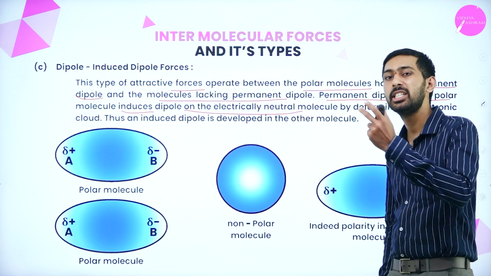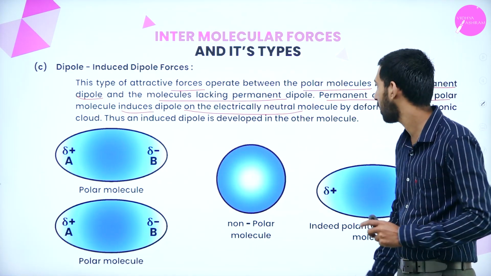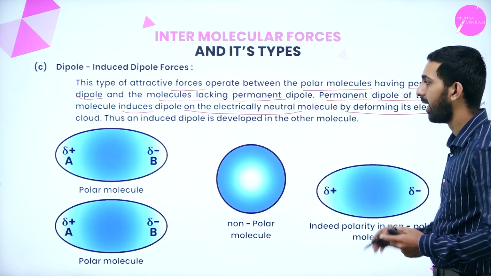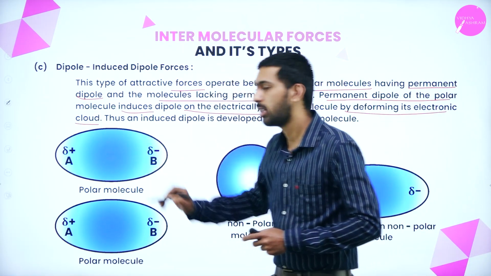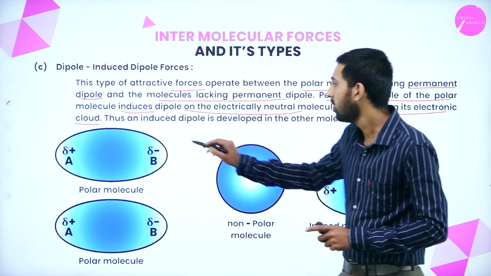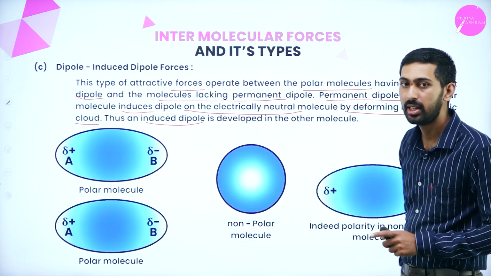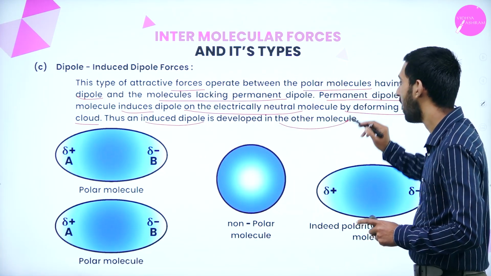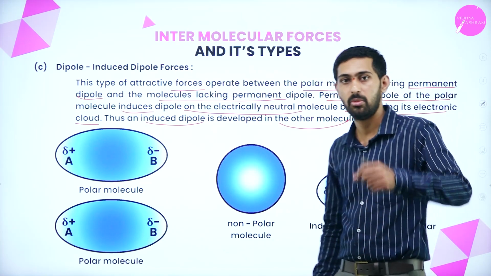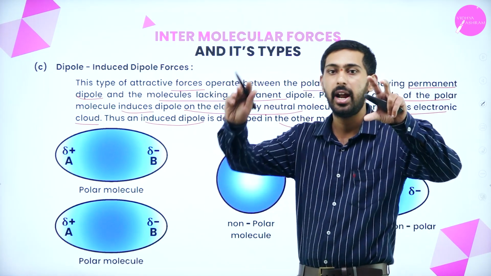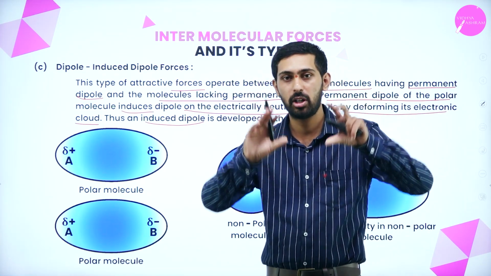So it will transfer its energy to the neutral molecule by deforming the electronic cloud. Thus an induced dipole is developed in the other molecule. One molecule has a permanent dipole moment and the other is a neutral molecule.